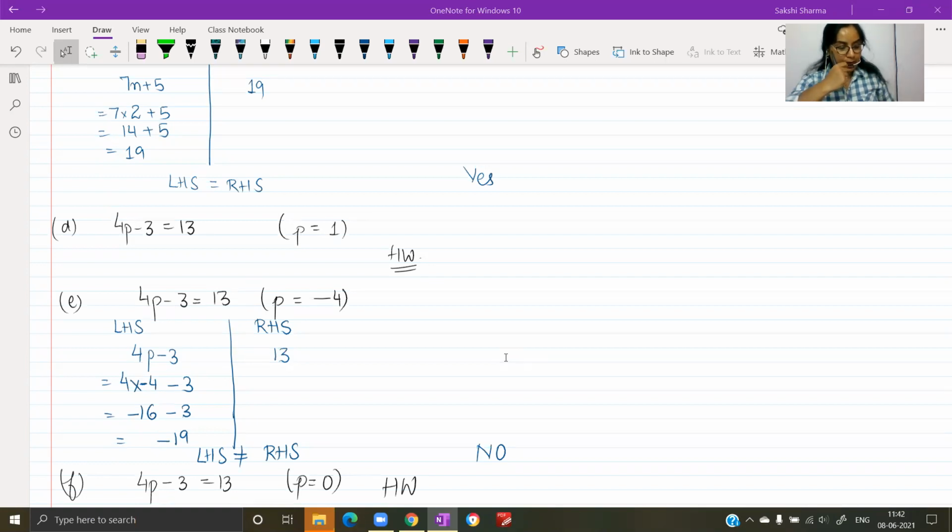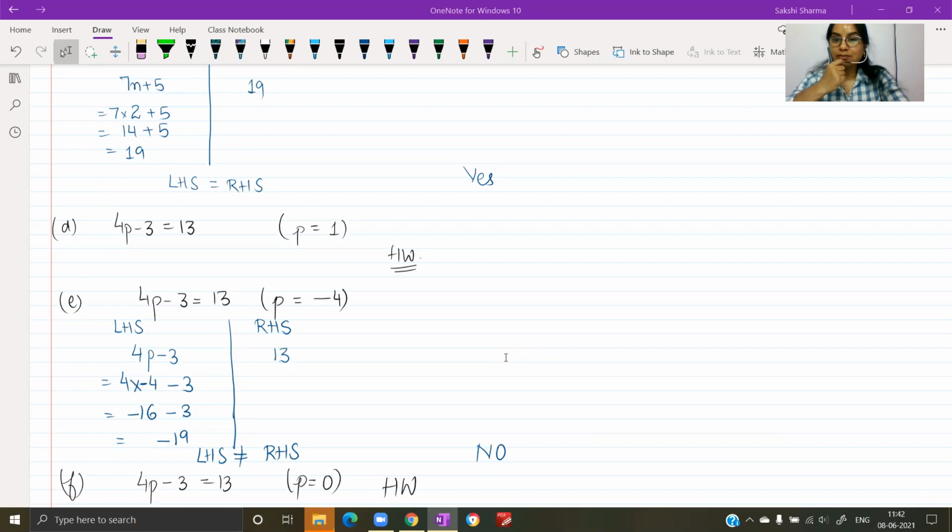Gursimran, beta, for F part, left hand side will be minus 3. 0 minus 3 will be minus 3. Yes, D part, the answer is no. Right, Gursimran? Correct. Right, Sanya?